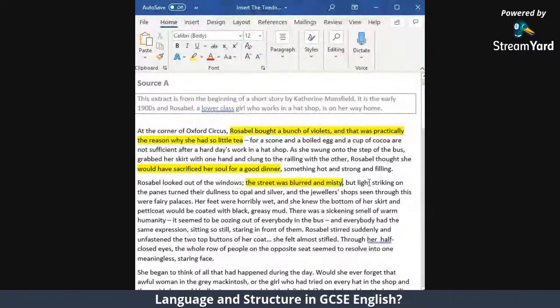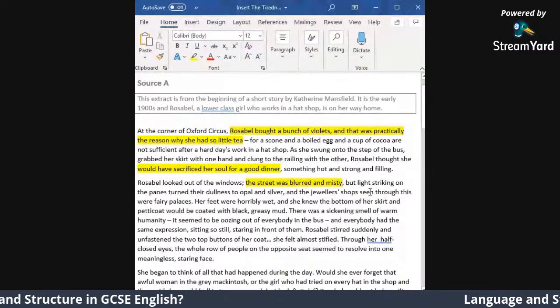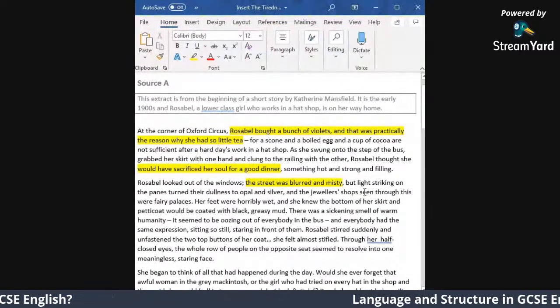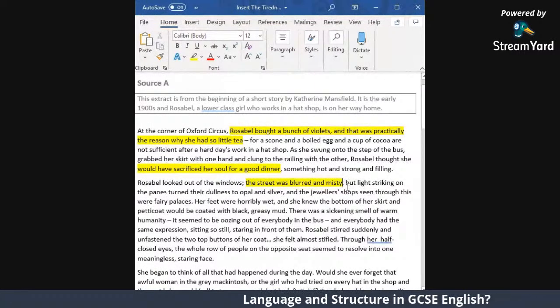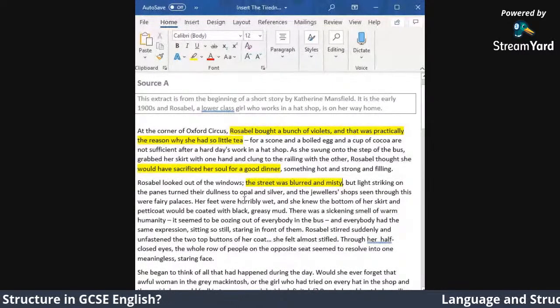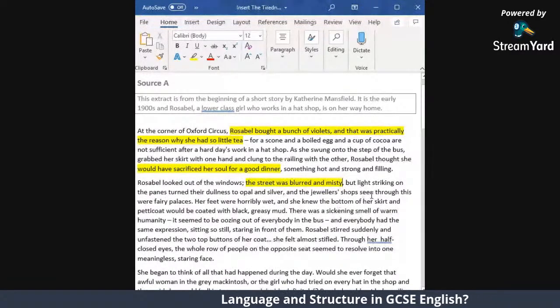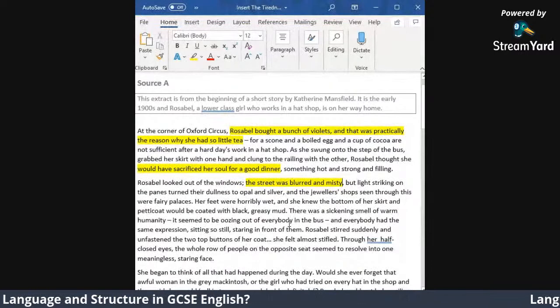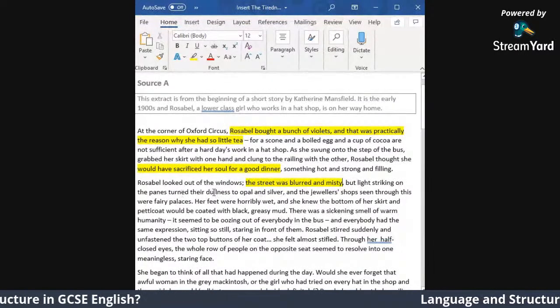What we see next is the writer using yet another kind of structural technique, where she says, but light striking on the panes turned their dullness into opal and silver, and the jeweller's shops seen through this were fairy palaces. Now we've got a lot of language reference there, because the description is very good.